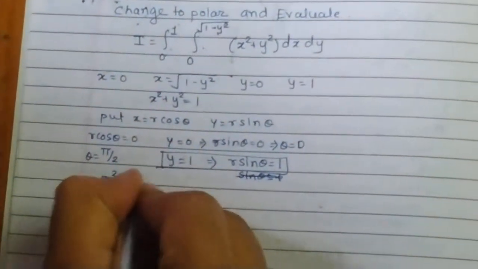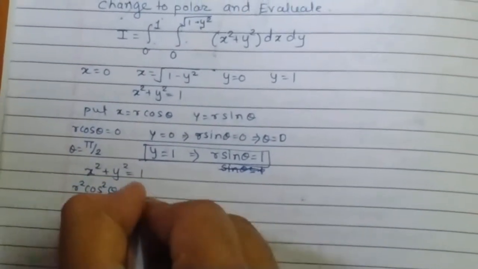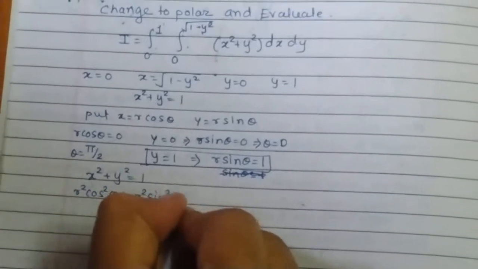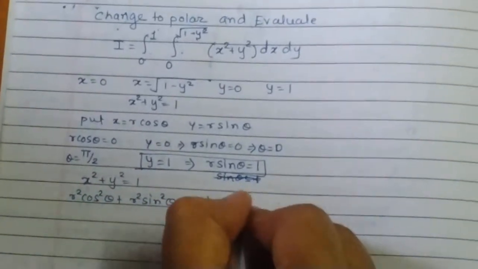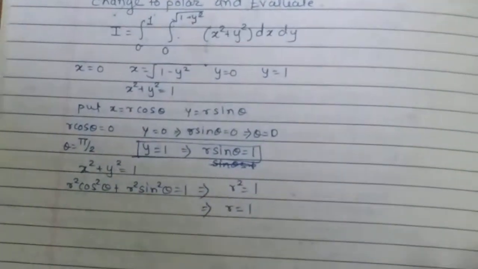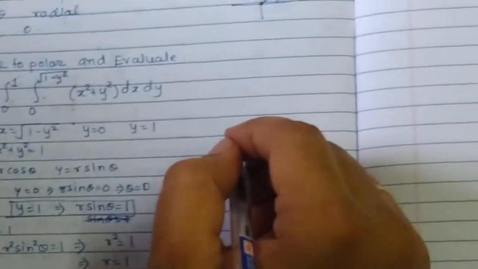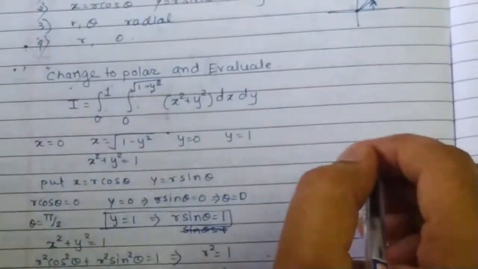Now x square plus y square is equal to 1. So this is r square cos square theta plus r square sin square theta is equal to 1. So this gives r square is equal to 1, and as r is a radius, it is always positive, so r equals 1. So what we do now is first draw the region of integration.